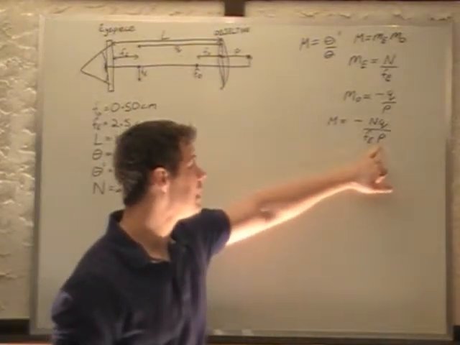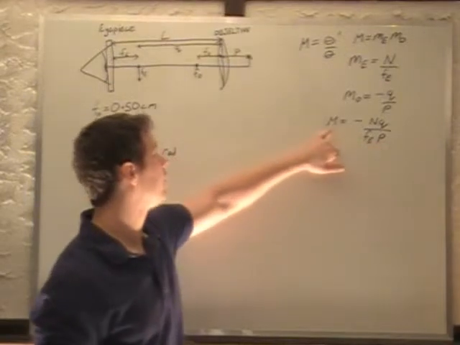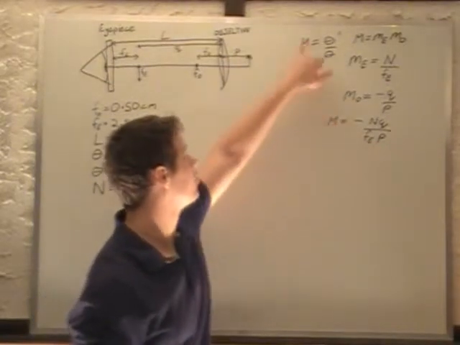We don't know P, and we know F_E. We need to figure out P to get our magnification. Once we get our magnification, we can figure this out.